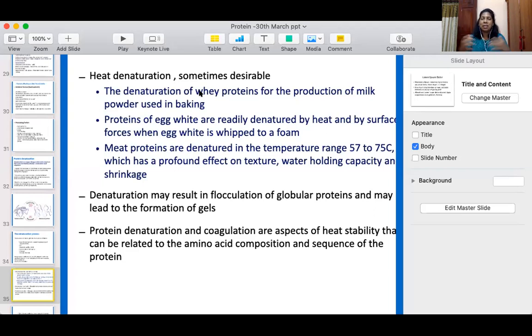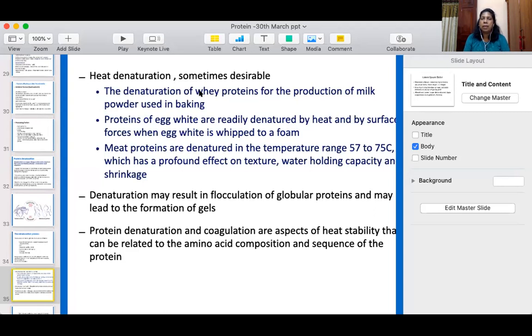No, it's shrinkage that is happening. It's getting shrunk because whatever entrapped water or bound water there is can be released from the protein. Therefore, it's getting shrinkage, right?